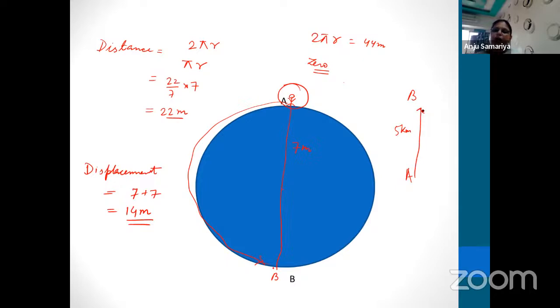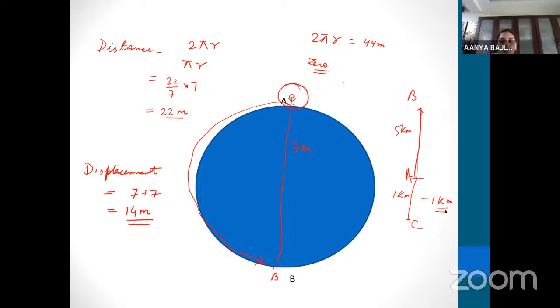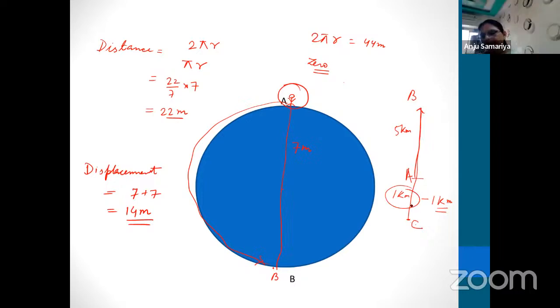After finishing his work at point B, he goes back, to the backside of his house, to a point C, which is 1 kilometer from here. So now at this point, his displacement is negative 1 kilometer. So it will be 4 kilometers.